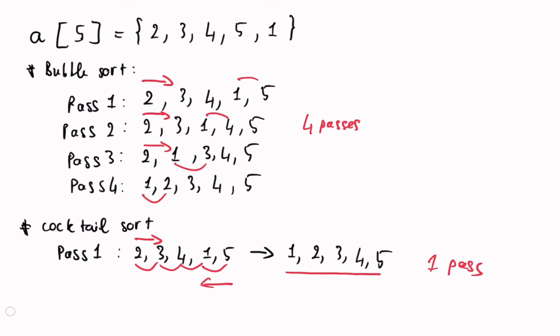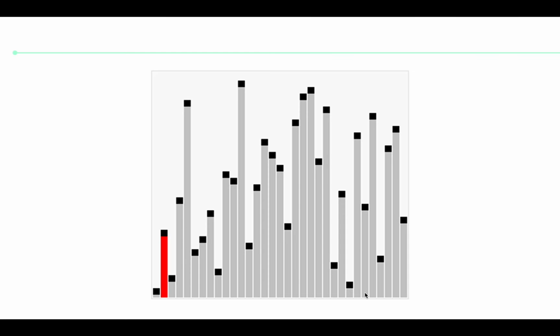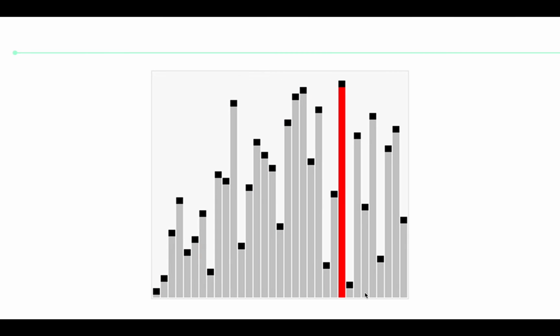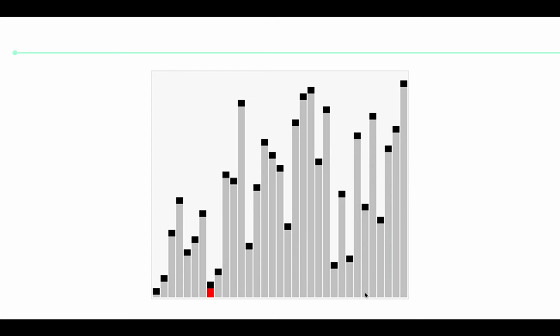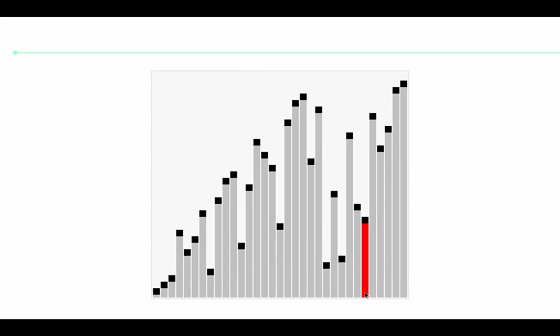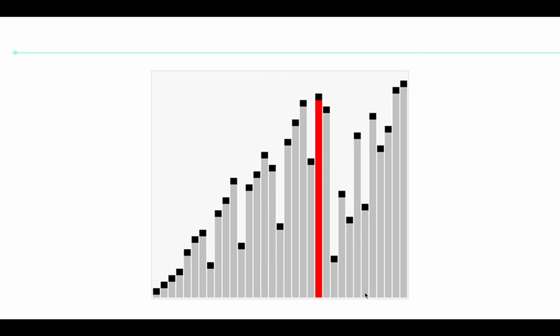So by checking bidirectionally, it makes the cocktail sort perform better than the bubble sort in many cases. So that is the example. And as the cocktail shaker sort goes bidirectionally, the range of possible swaps, which is the range tested, will reduce by 2 per pass.